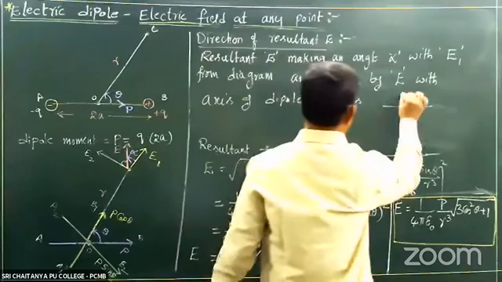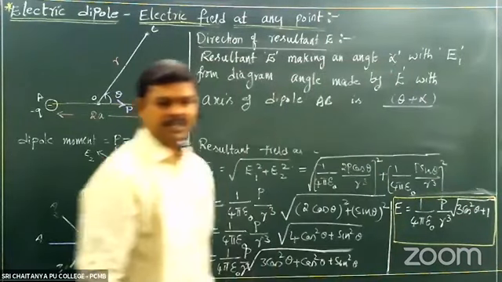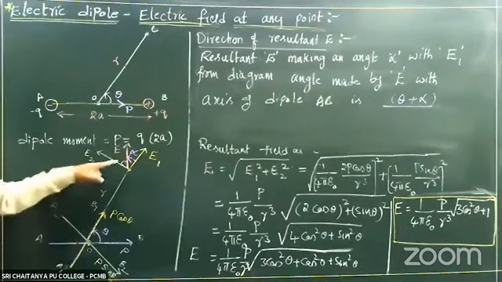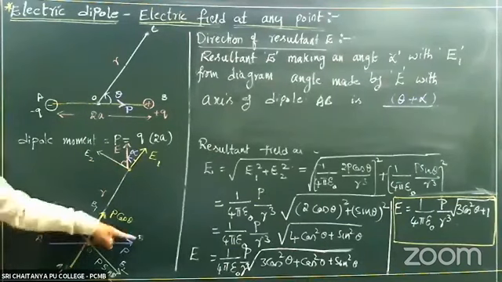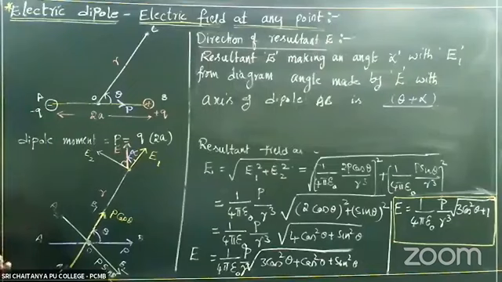See there, theta plus alpha. This is asked in previous entrance. What is the angle made by this resultant with axis, with this axis? Theta plus alpha, right?